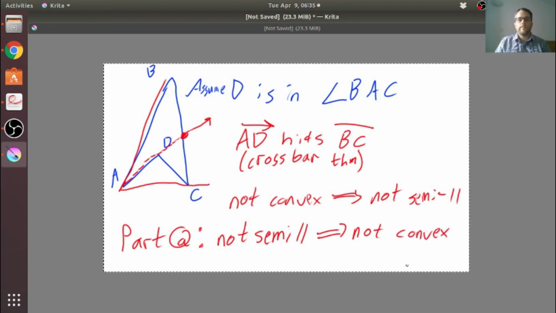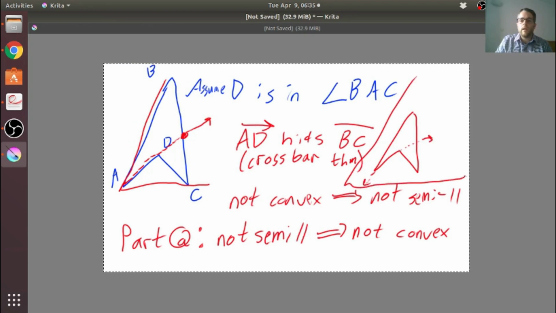If the lines are not semi-parallel, that means we have to have a picture that looks something like this. If I extend one of the lines out, it's got to hit a segment somewhere.